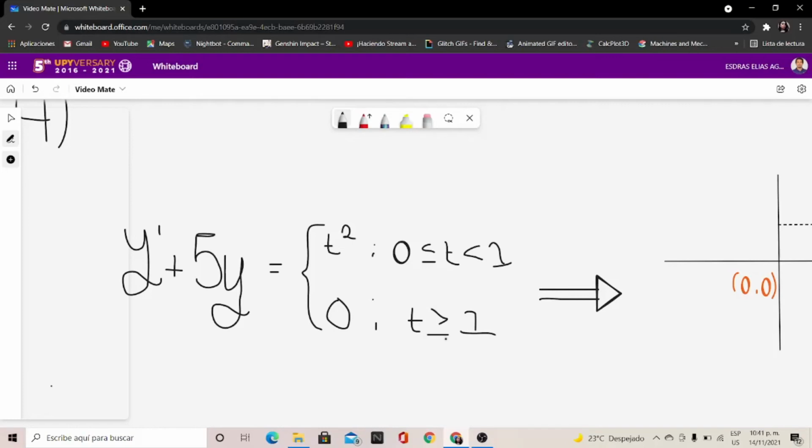But when t is greater than 1, the function is going to be equal to 0.